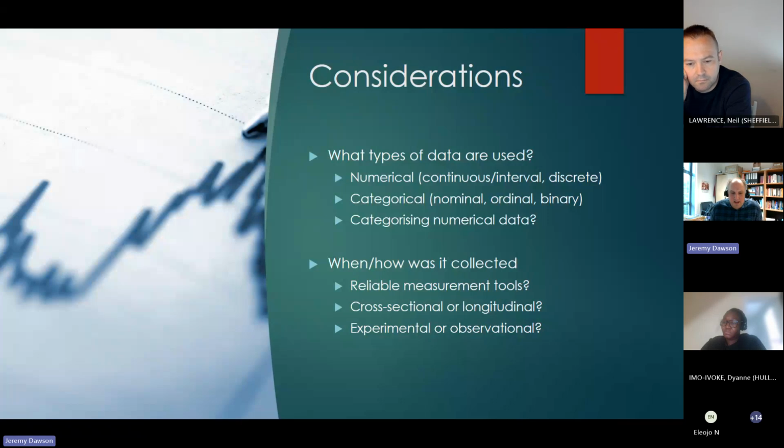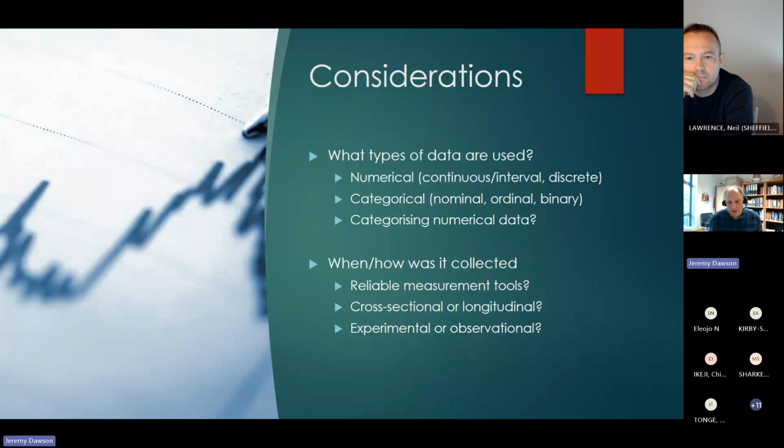For that, you really need experimental data, that which involves manipulation of some kind of intervention, and where it's done at random. So, if it's done at random, then we've got some kind of randomized control trial, which is, as I'm sure you're aware, the gold standard for causal research.